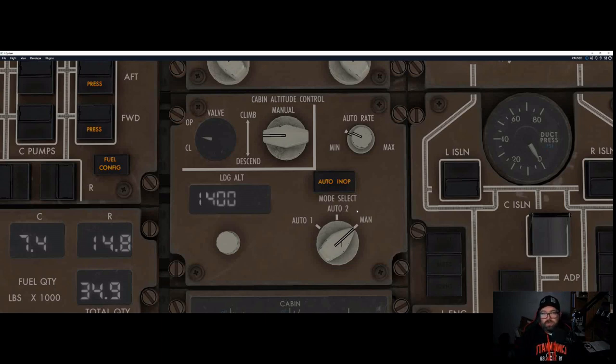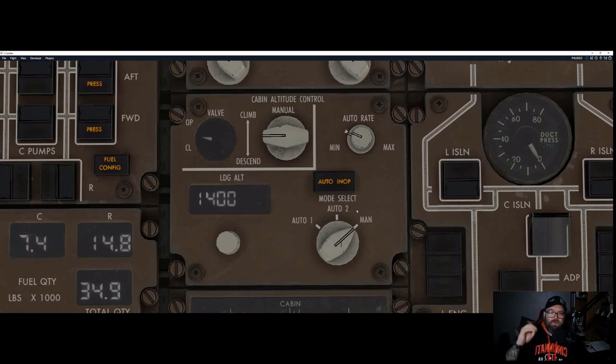And the reason behind that, at least, there's nothing written that Boeing says this is why, but the reason that I've deduced that this would be the reason as to why it's like this, and I screwed that up, didn't I? All right, is because auto 1 and auto 2 will automatically switch to the opposite controller if it fails.